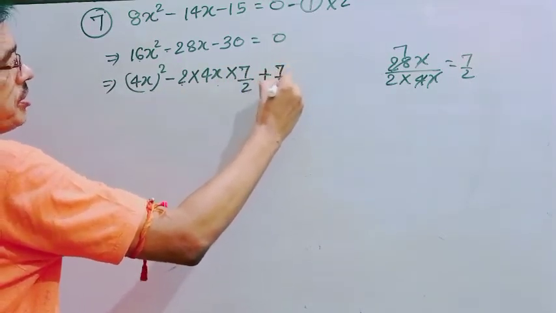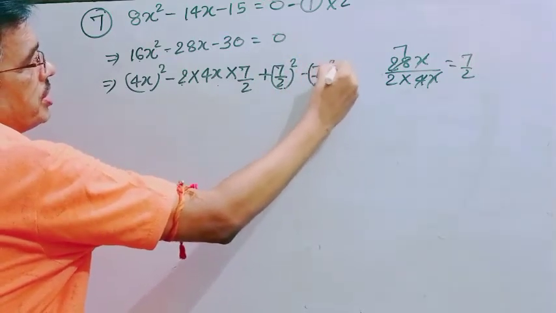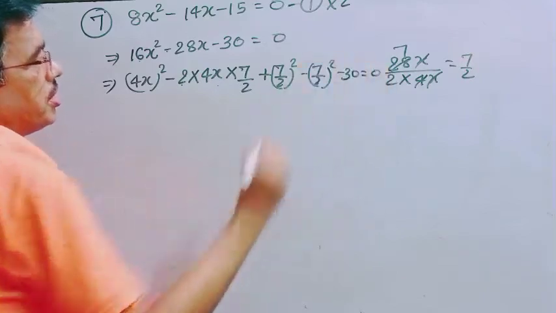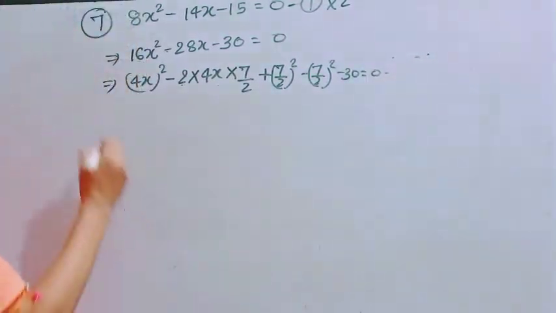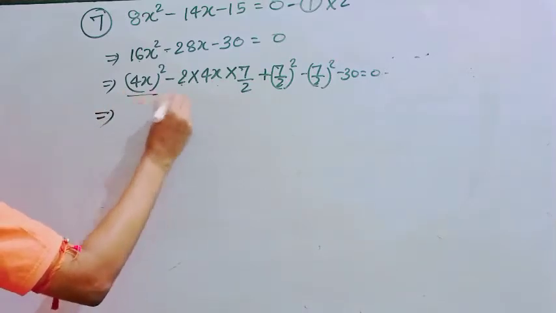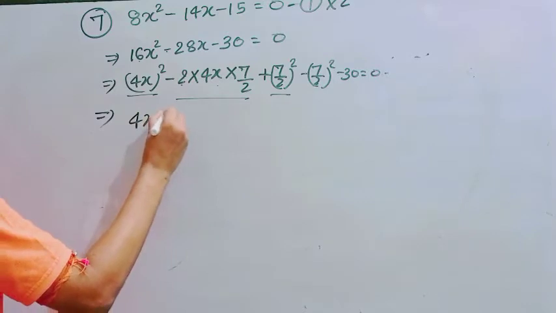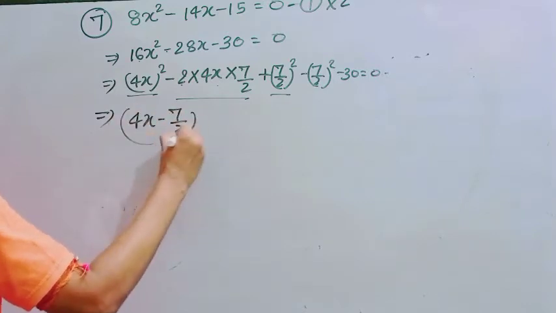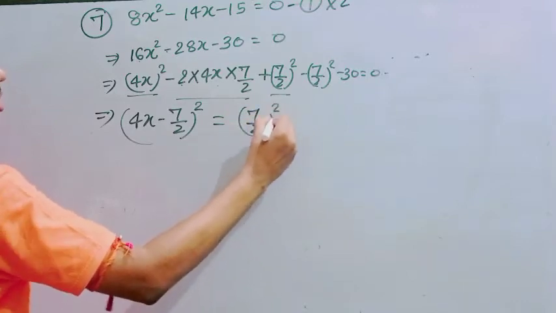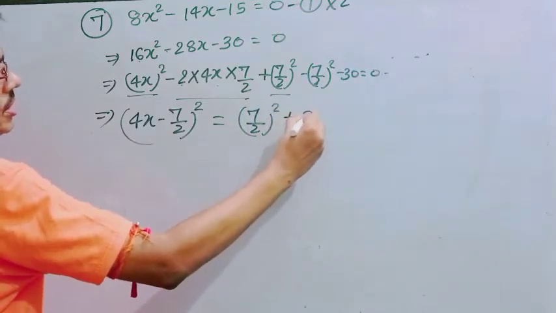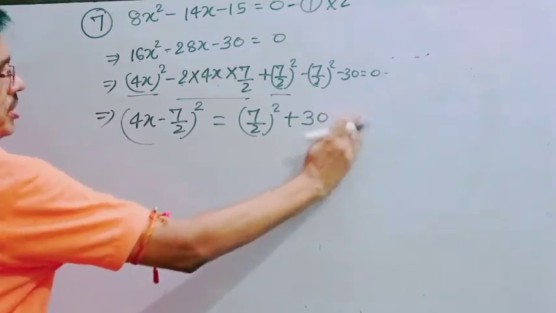Next b square, that is 7 by 2 square minus 7 by 2 square and minus 30 is equal to 0. So it is a square minus 2ab plus b square. So we write 4x minus 7 by 2 whole square is equal to 7 by 2 whole square plus 30.